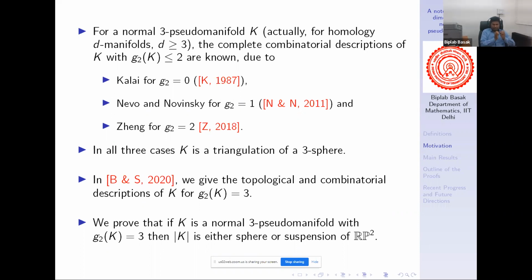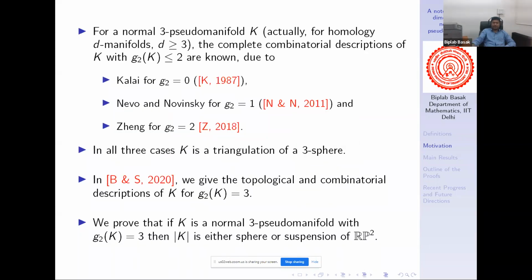So we restricted ourselves to dimension 3, and here we give the topological and combinatorial description of K when G2 is 3. We proved that if K is a normal three pseudomanifold with G2 of K equal to 3, then its topological object is either a sphere or a suspension of RP2. We also give the combinatorial characterization as well, so we will see that later.